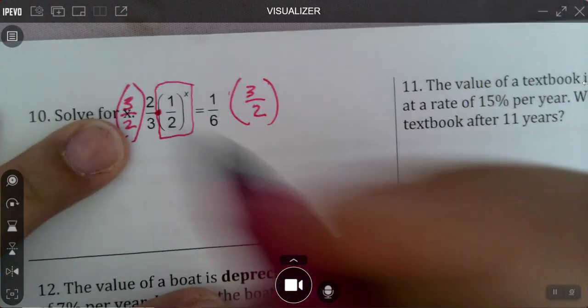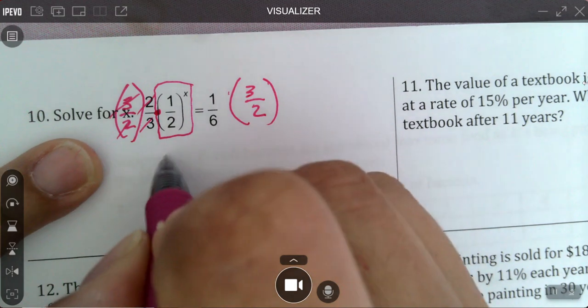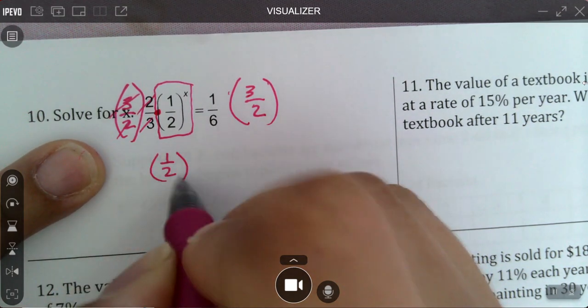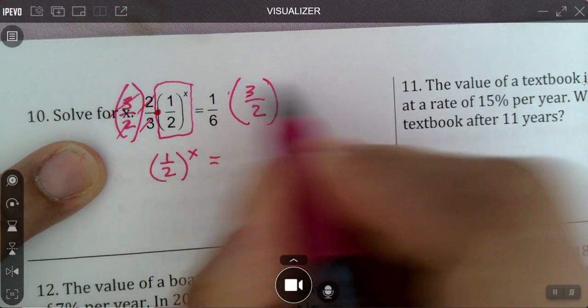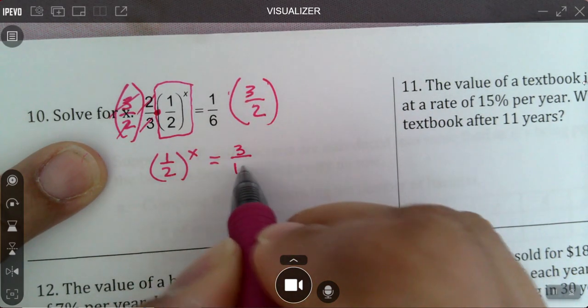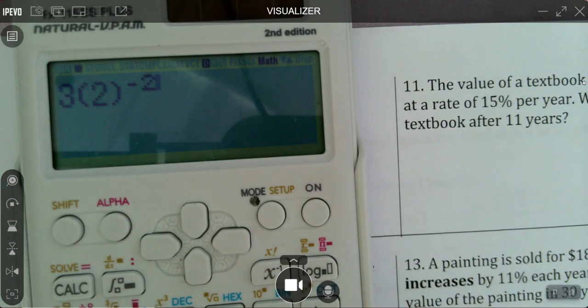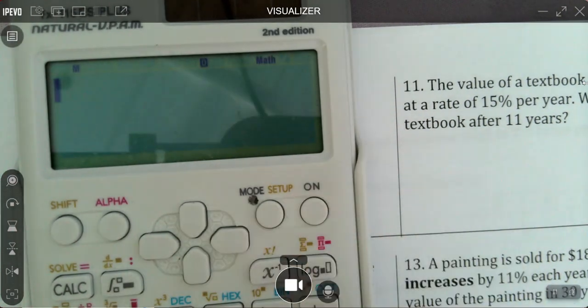Why do we do this? Because this is a handy technique. The 3's cancel, the 2's cancel. And now you only have 1/2 raised to the x equals, what is that? 1 times 3 is 3. What's 3 over 12 reduced in the calculator? Do we all agree, or are we all just going to go with that number?